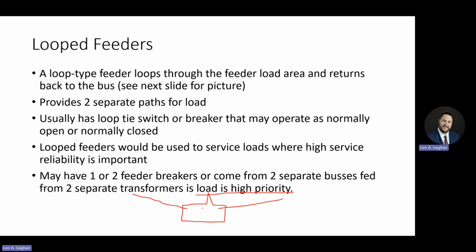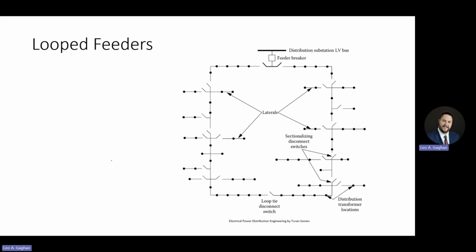where they had a normally open switch that could be tied. I think theirs actually had an automatic transfer. So if one was lost, it would switch over to the other one automatically. So this one here is not that. It comes from a single breaker, but it does allow for maintenance anywhere in this loop.